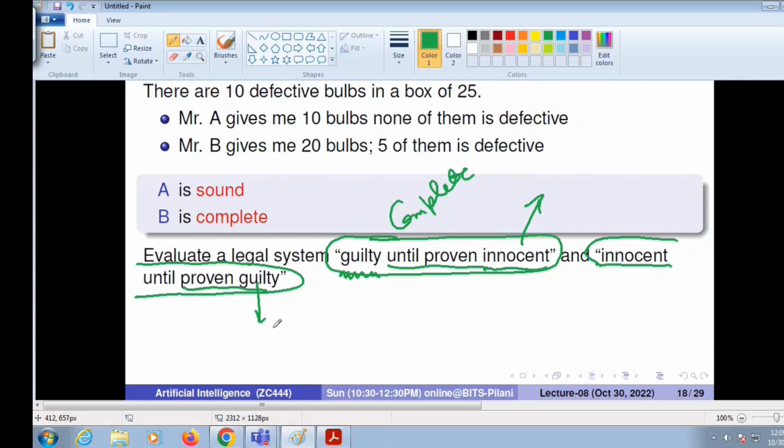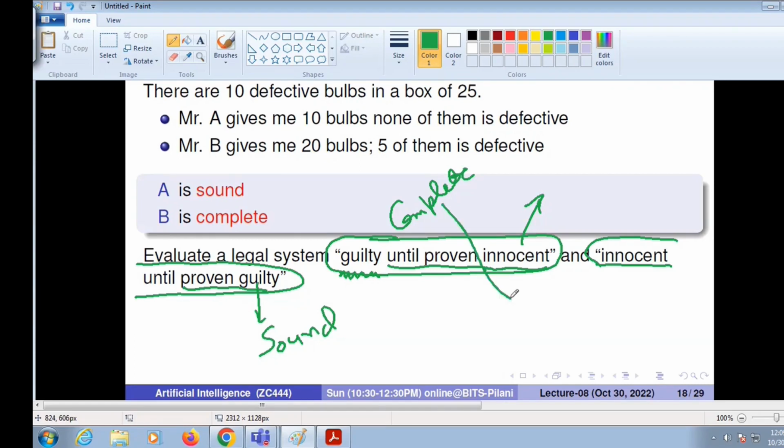So is it complete or sound? Sound, because people who have done the bad thing, if we are able to prove it, they would go to jail. People who have done the wrong thing but we are not able to prove it would be roaming outside.